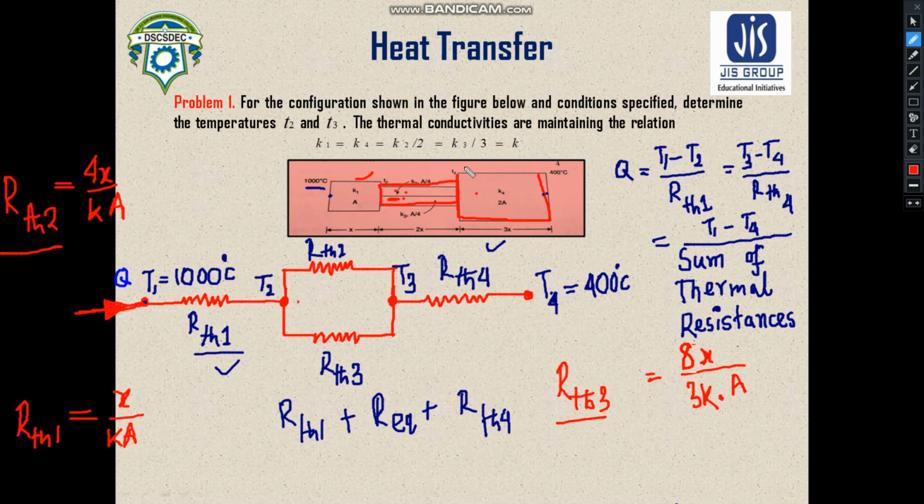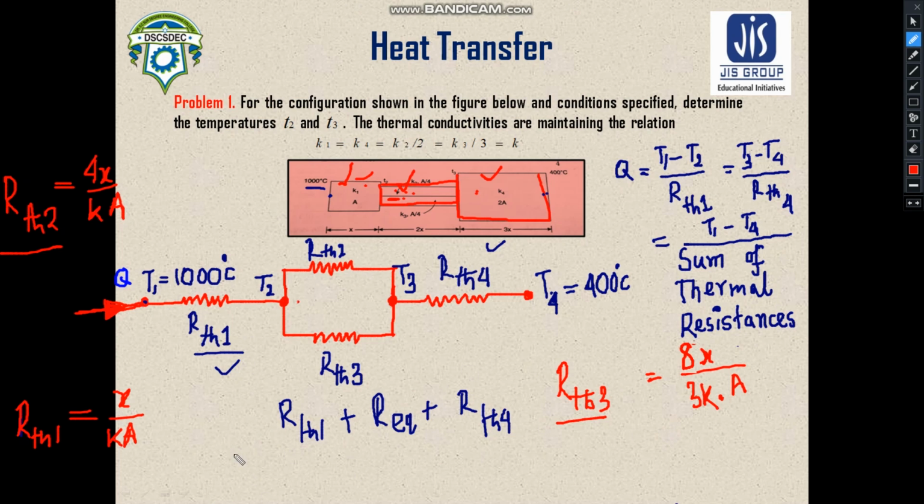As I have mentioned, if we replace this by an equivalent circuit, then we can say that this wall, and you have to mind that we are talking about an equivalent wall here. This equivalent one and this one are now arranged in a series format, and then only we can add them up to find the sum of thermal resistances.